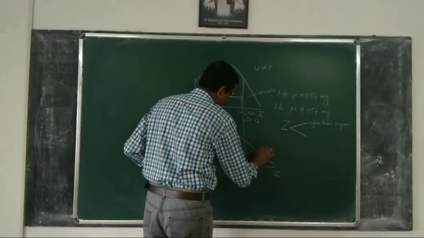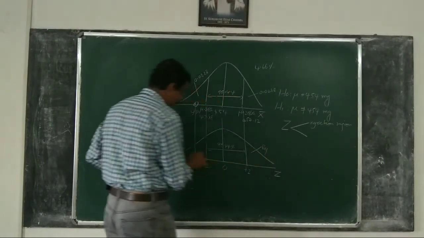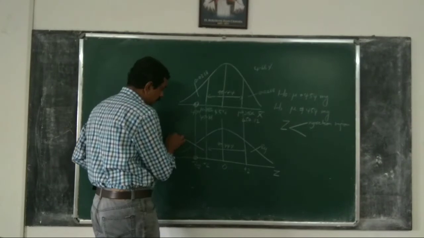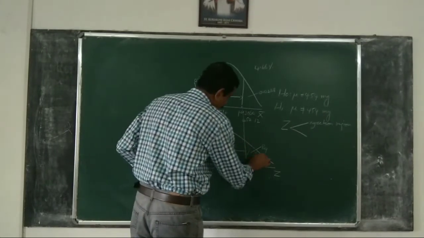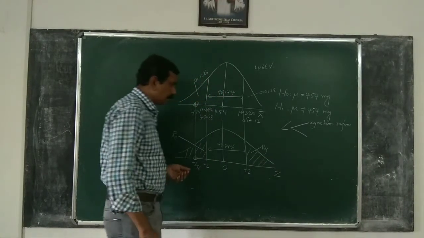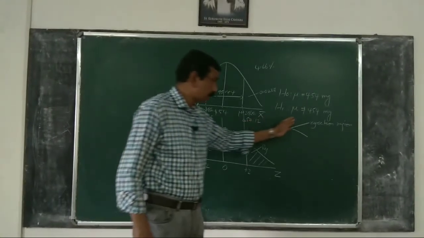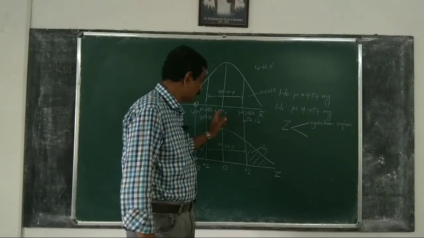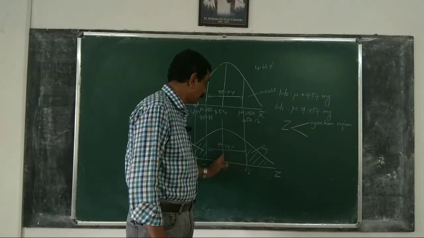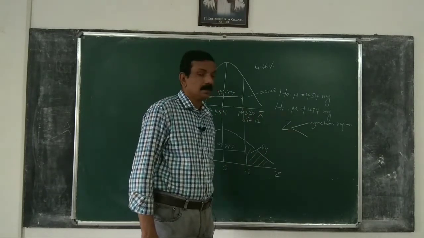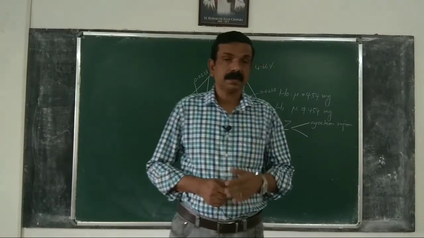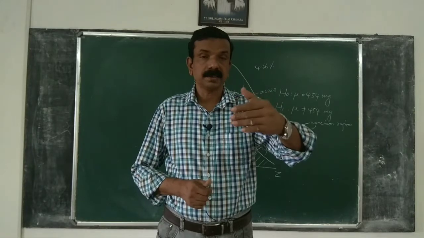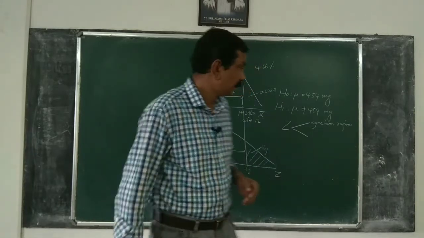This is the rejection region, and this is also the rejection region. These are values of the test statistic which are highly unlikely under H0, or far away from H0. Then the set of values of the test statistic that leads us not to reject H0 is known as the acceptance region.